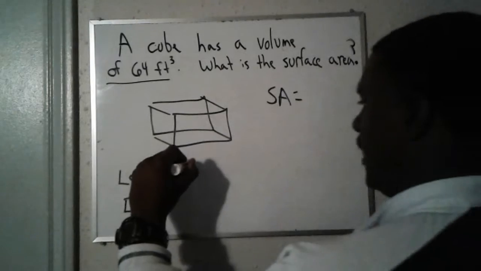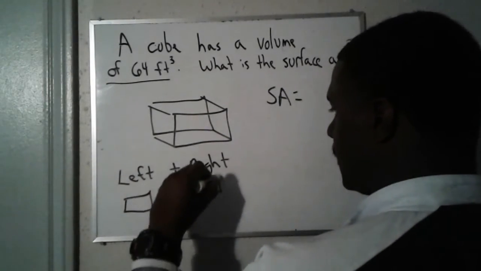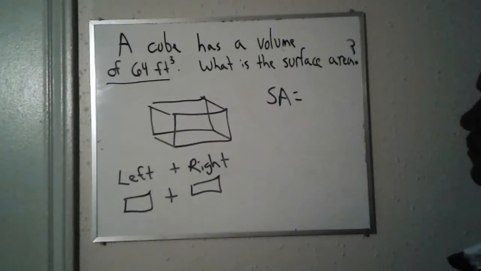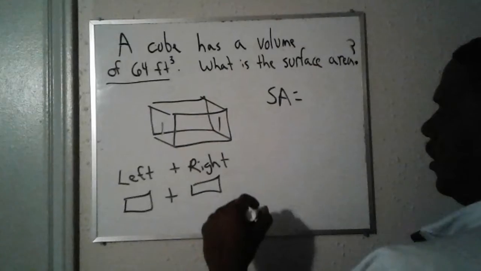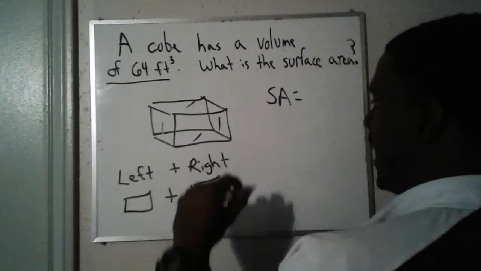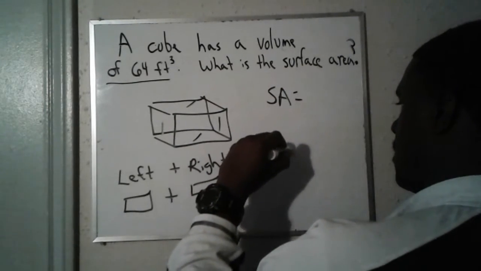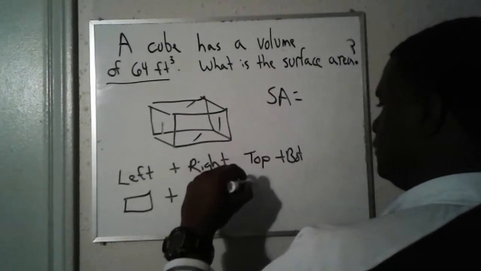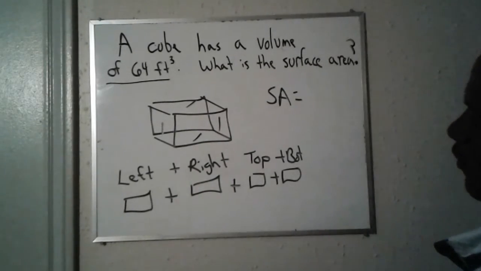If it got a left side, then it got to have a right side. That's another square. So I got two sides down. Let's say if it have a top, then it got to have a bottom. That's two more squares, right?